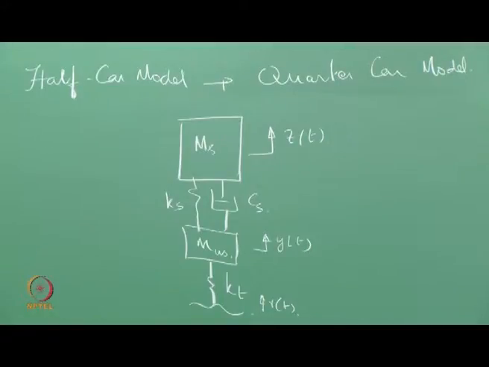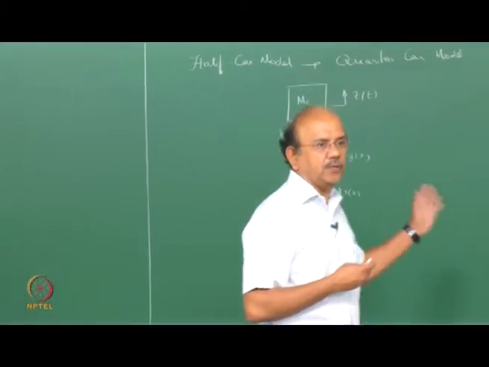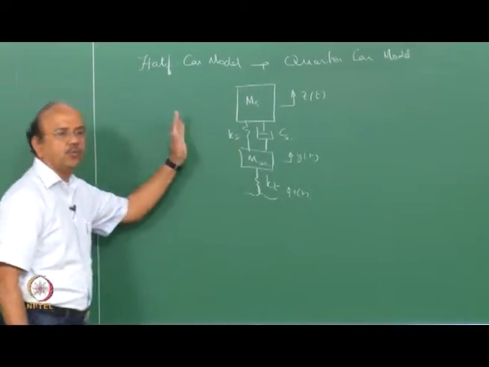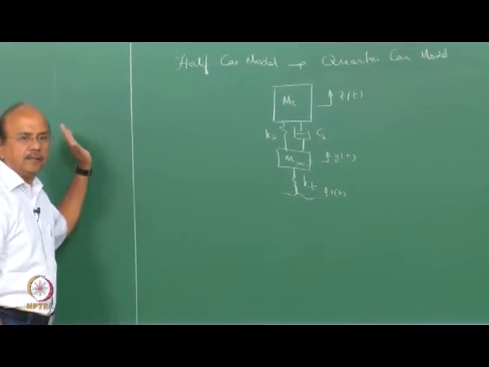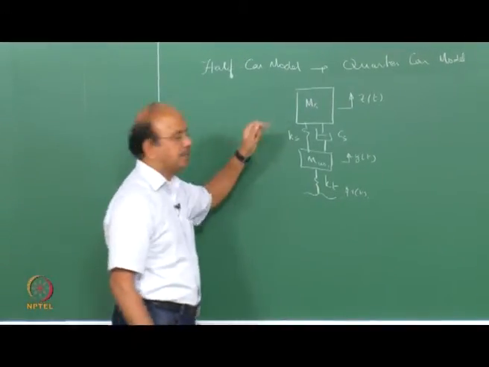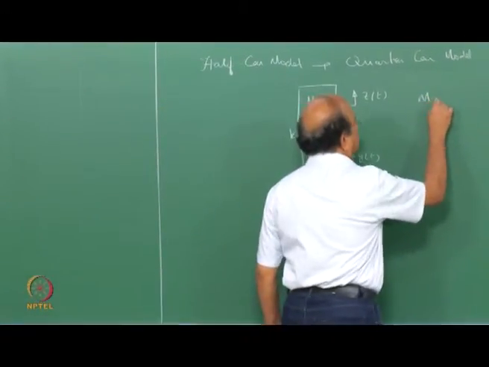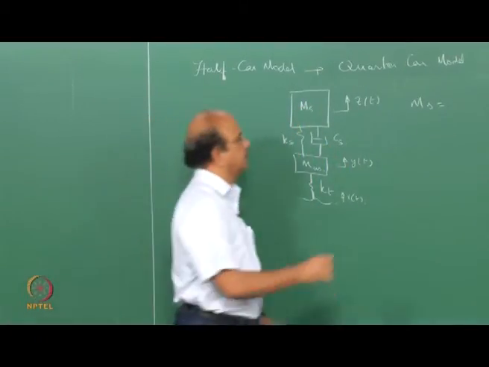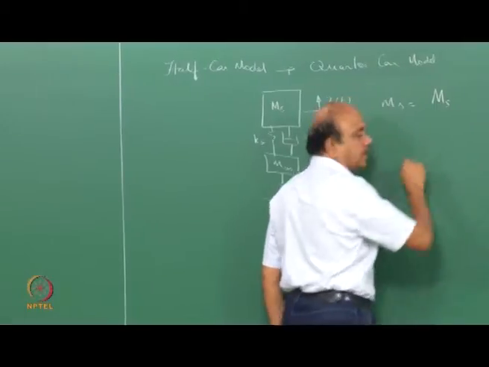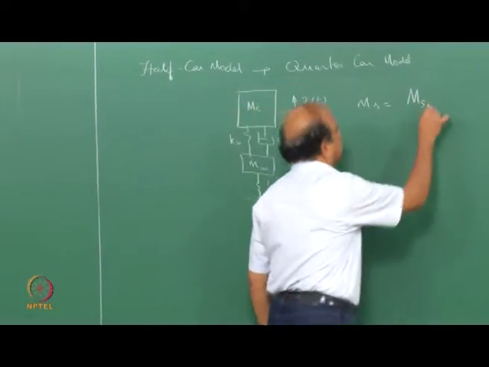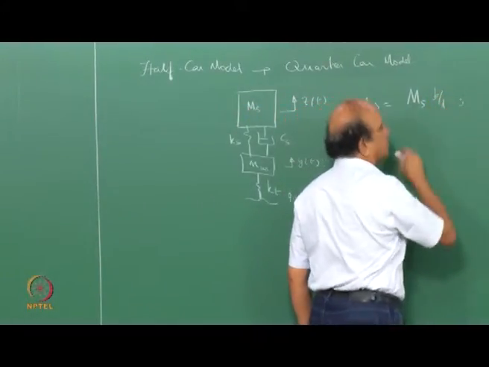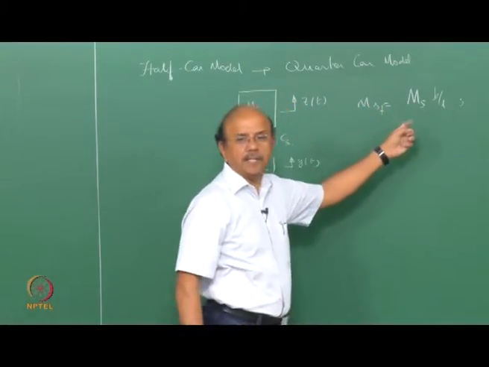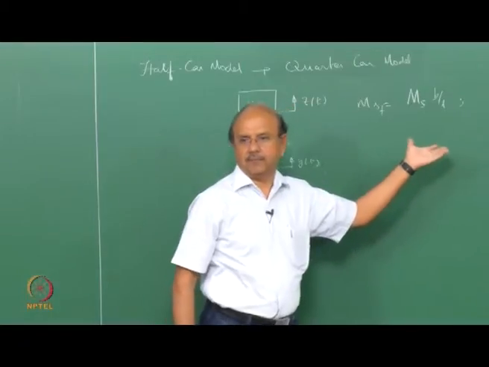Now, let us write down the equations for this. As I said, this is cut into two halves, the front and the rear, and we had put ms to be the distributed mass between the front and the rear from the total sprung mass, which we called B by L. This is in the front. And for the rear, we said that it is ms into A by L, right?